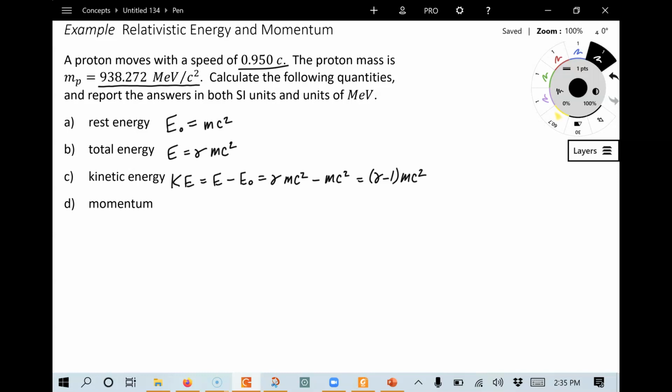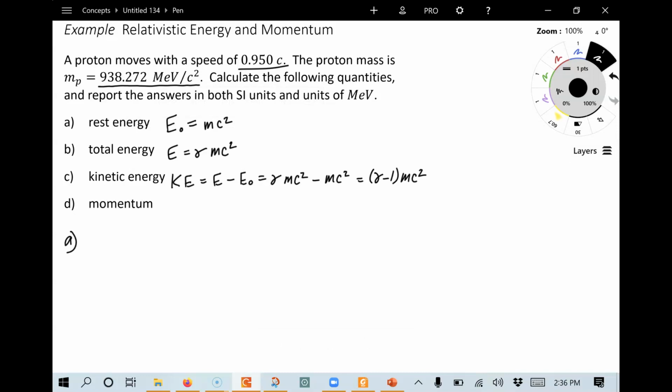All right, so let's go ahead. It says to do this in SI units and units of MeV, mega electron volts. I'm going to start with the MeV since we already have the mass in those units, and I want to show you how easy it is when we work with those particular units. Let me do this below here.